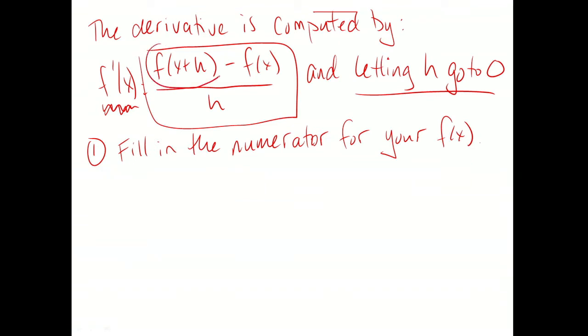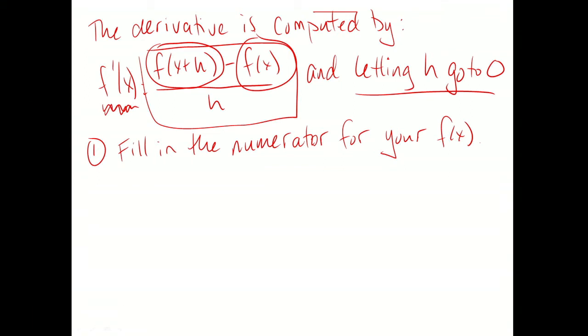Fill in this guy and this guy. Because each time you're going to have an actual function for f of x, in other words, a formula. I'm going to say, compute the derivative of f of x equals 3x squared. So you'll know what f of x is. So filling in what that represents in the numerator shouldn't be that hard.